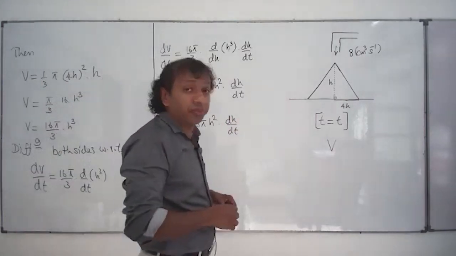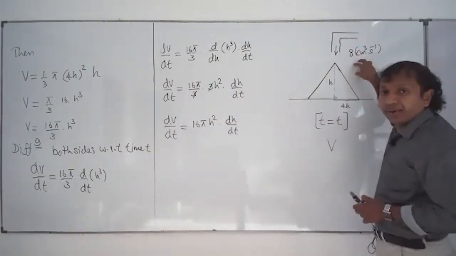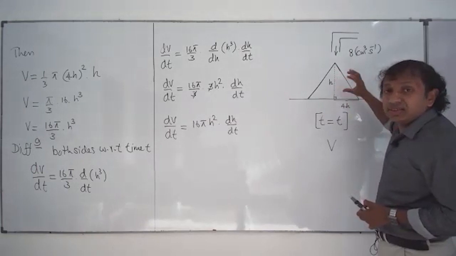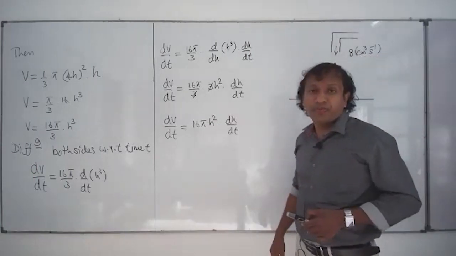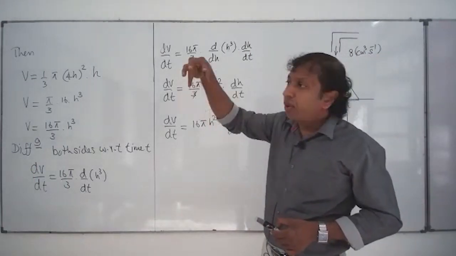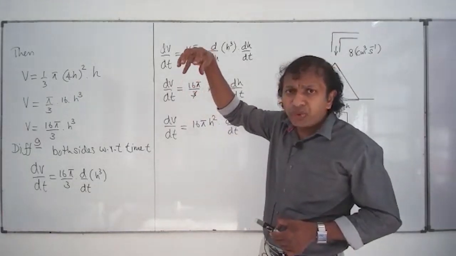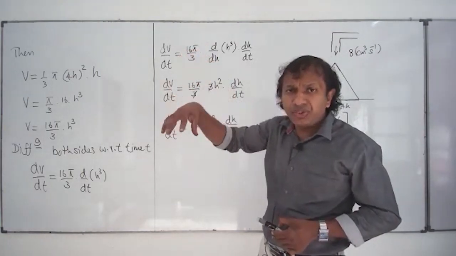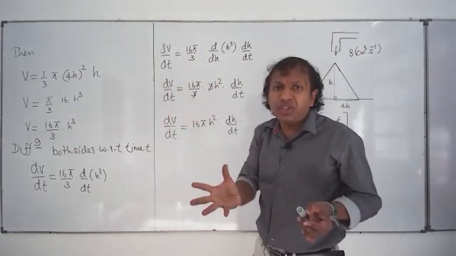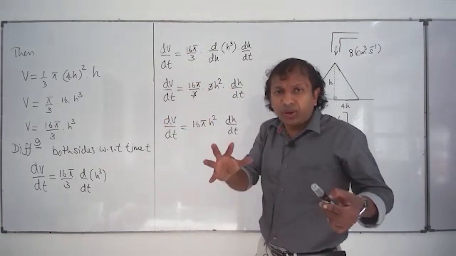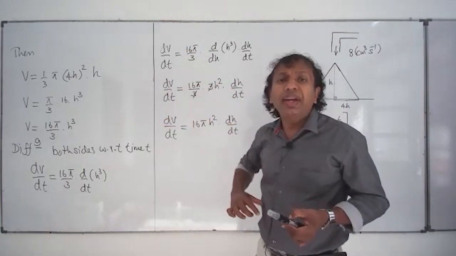People, now look at this. In 1 second, this pipe pours 8 cubic centimeters of sand. Then during that second, the volume of this cone increases by what? 8 cubic centimeters. At the end of that second, if we measure, we can notice the whole volume of the cone has increased by 8 cubic centimeters.